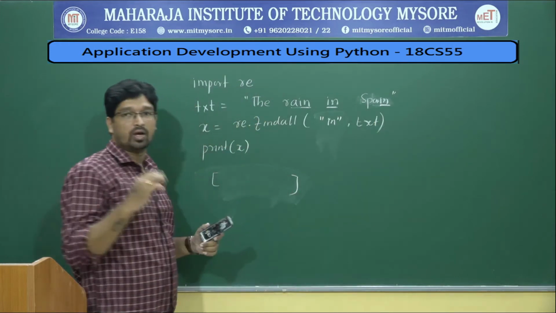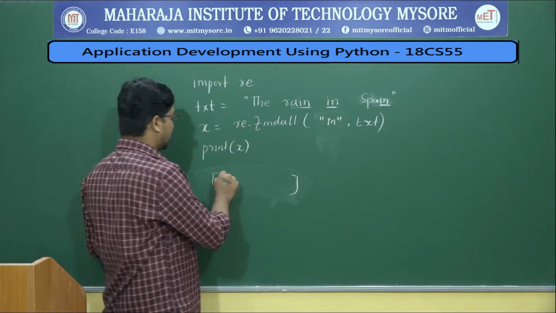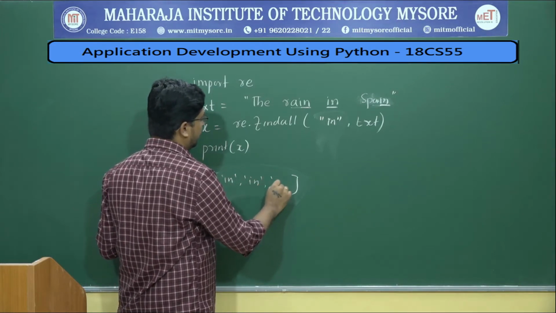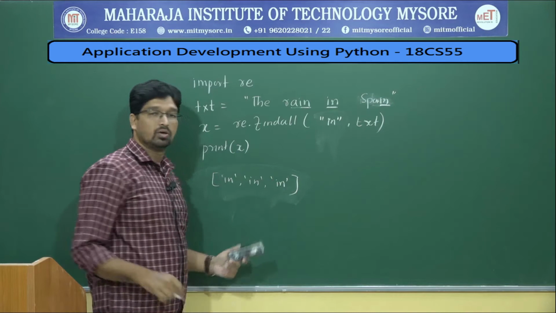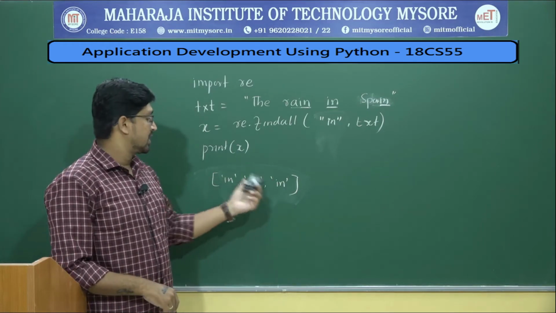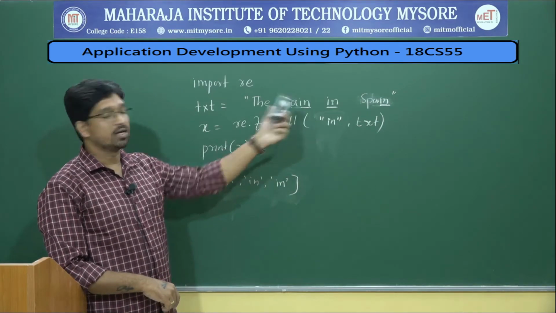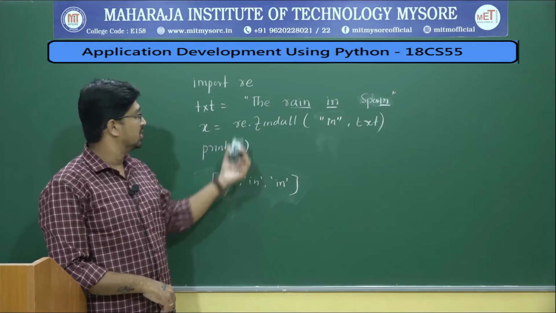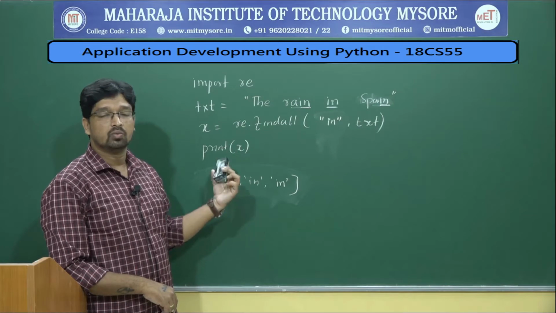So you have three occurrences and you will get three outputs: "in", "in", "in". All the occurrences get extracted and stored as a list. This is how the findall method works.